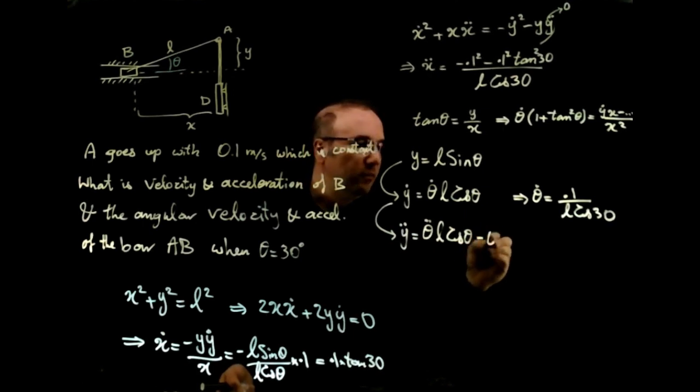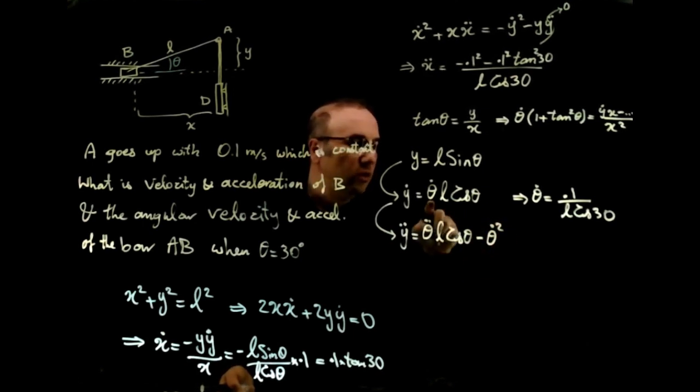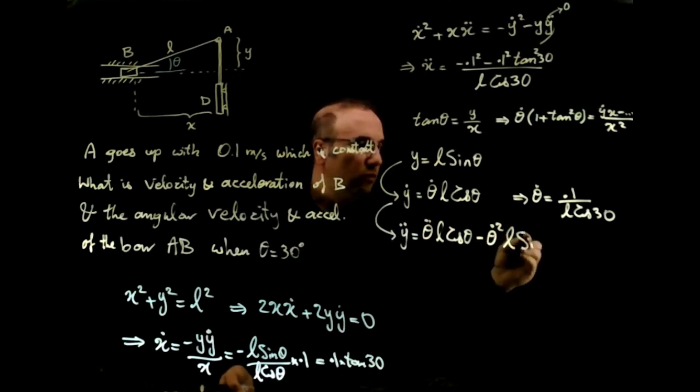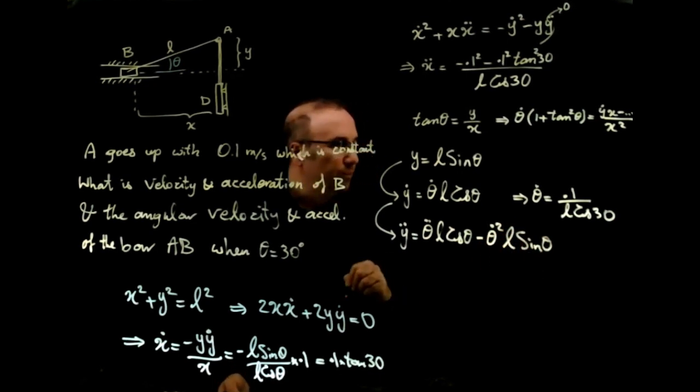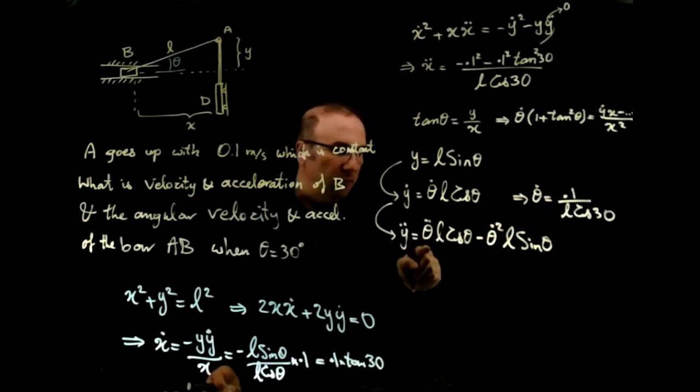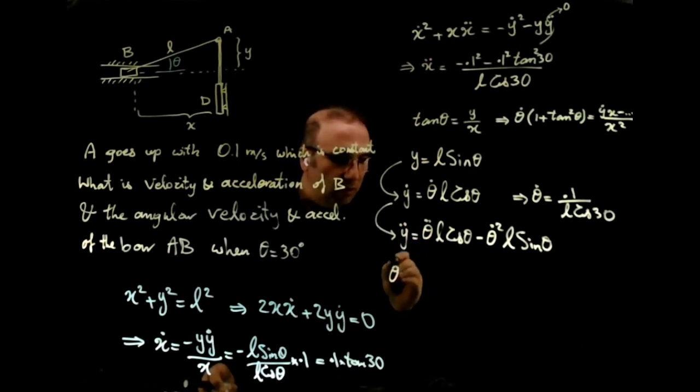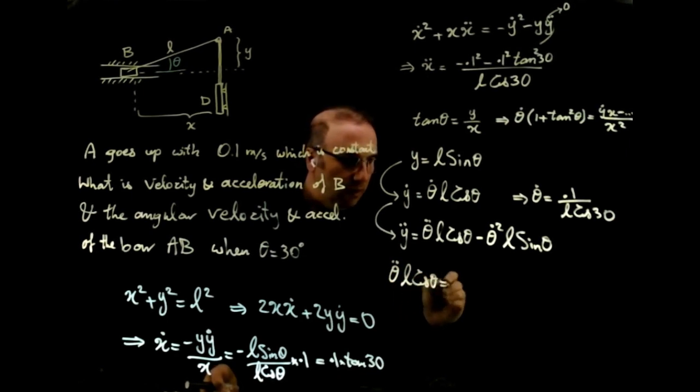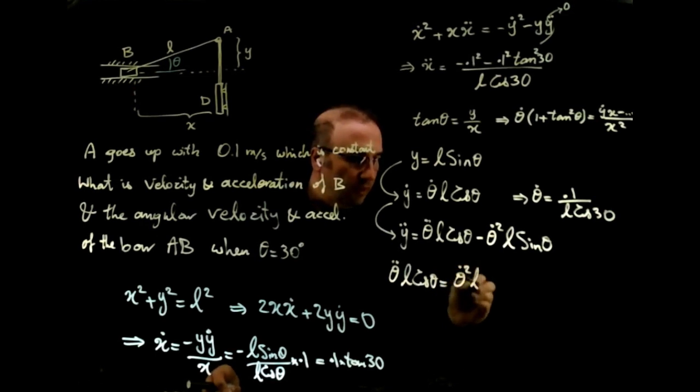So it would be negative theta dot square, because I already have one theta dot here, sine theta, right? And y double dot is 0. So I can get theta double dot L cosine theta equals theta dot square L sine theta.